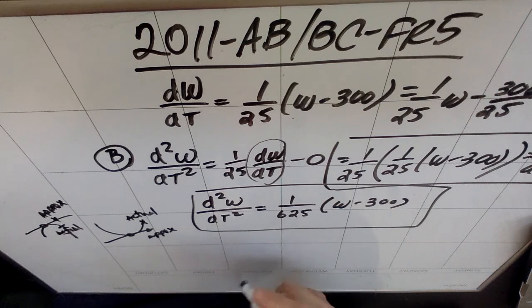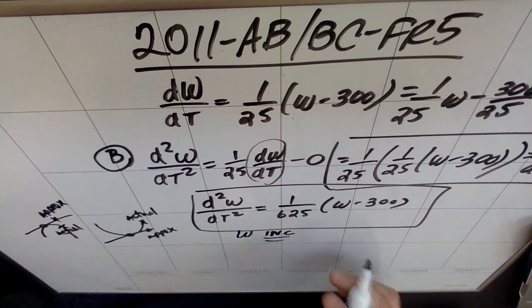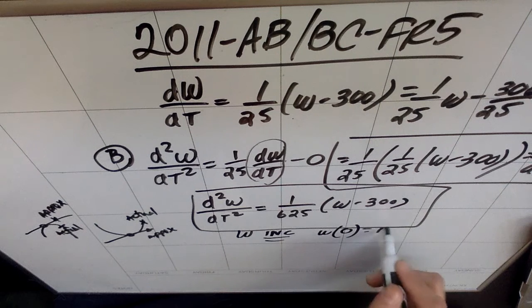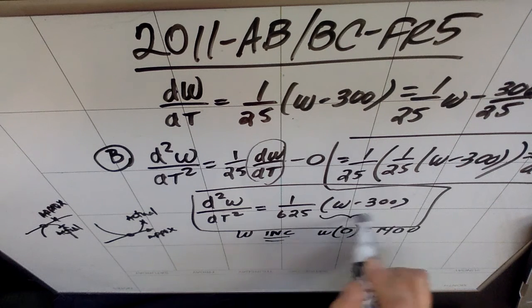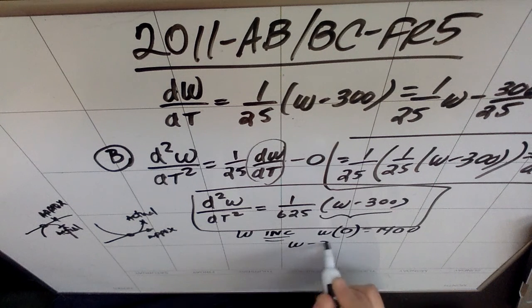Well, here's the thing I know. I was told that W is an increasing function, which is a sad state of affairs, but we all know it's true. The landfill is getting more waste, not less. So W is increasing, and I know that W of 0 was 1400. What that means is that W minus 300 has to be a positive number. There's no way W minus 300 is negative.